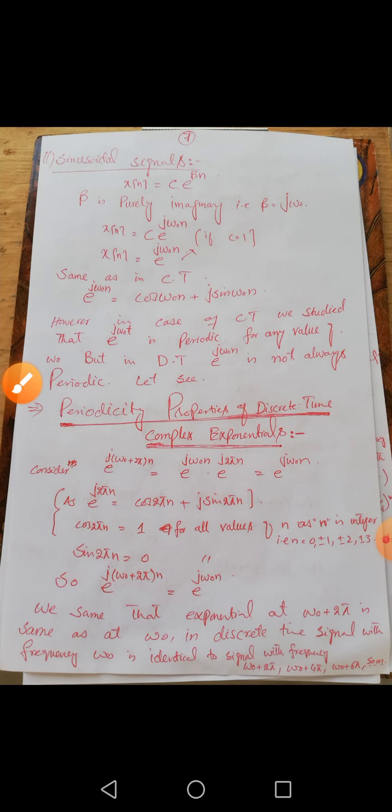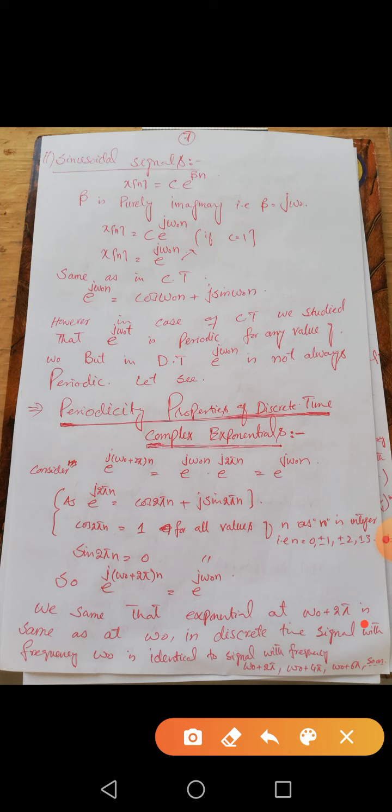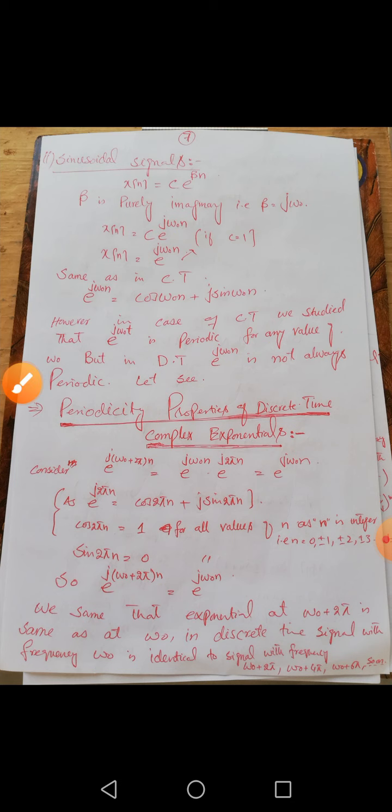So in discrete time, a signal with frequency omega naught is identical to the signal with frequency omega naught plus 2 pi, omega naught plus 4 pi, omega naught plus 6 pi, and so on.